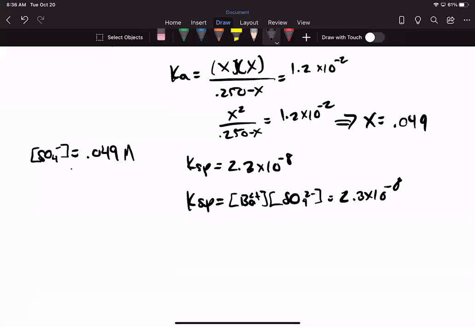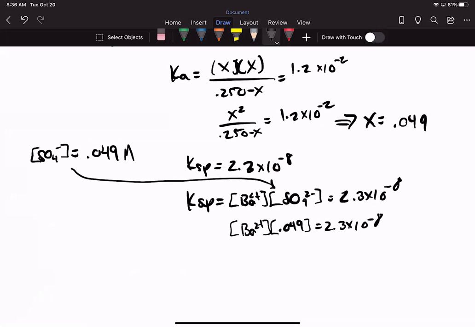Well, we now know this concentration, so we can plug that value in, and we'll make that calculation.